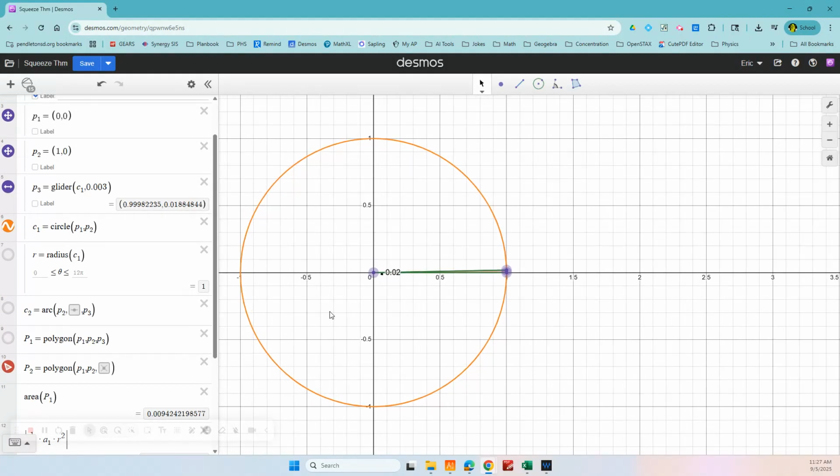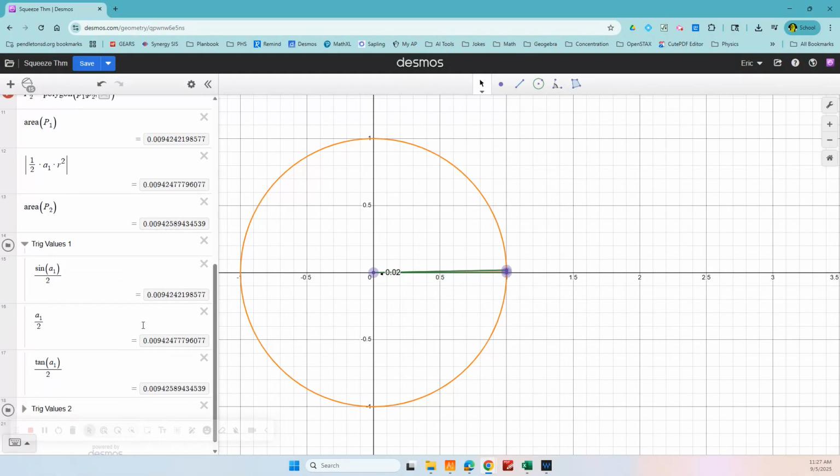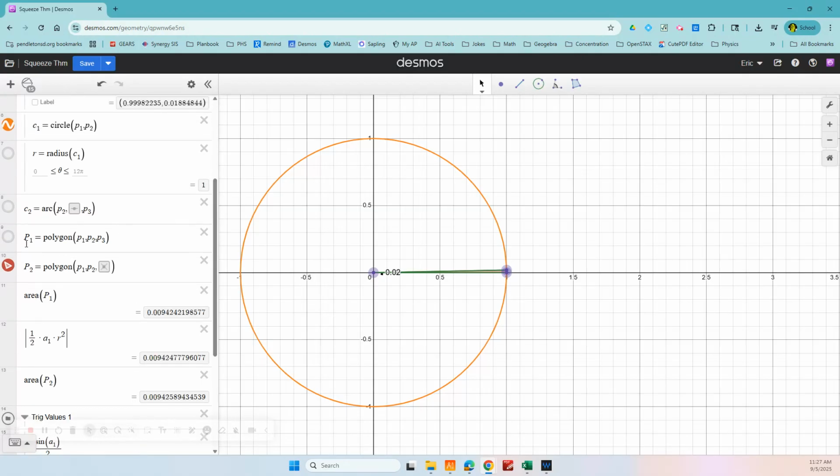If you look at the trig values, I want you to notice something kind of cool. And I'll publish a link to this, and you guys can just mess around with this if you want to. So here, if you look at the proof we did yesterday, that looks familiar, right? Those are the areas. Notice they're exactly the same. The area of the blue triangle, let me highlight that again. There it is. Make this a little bigger.